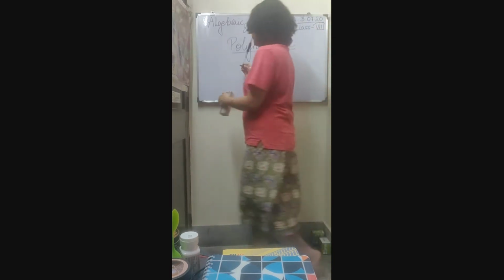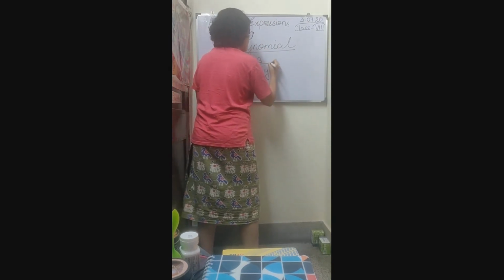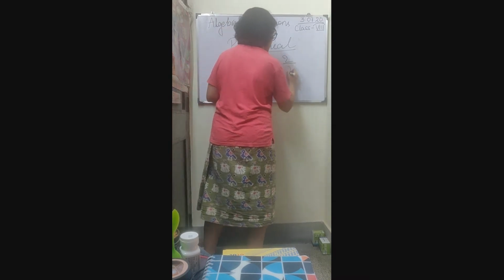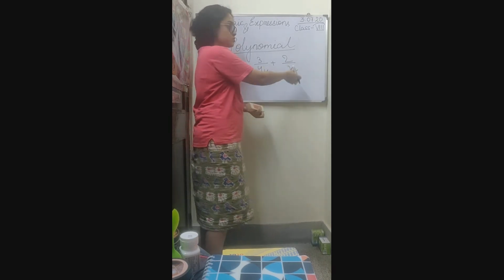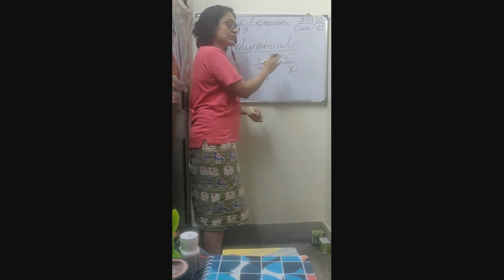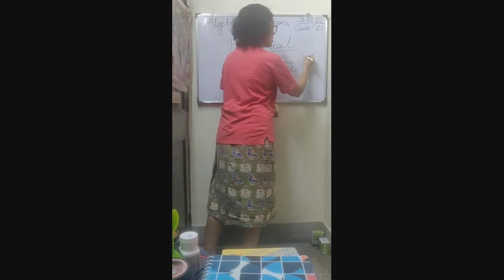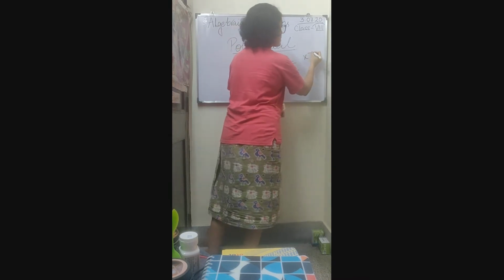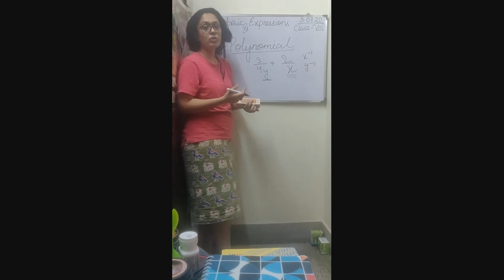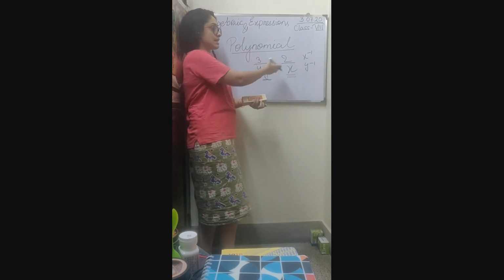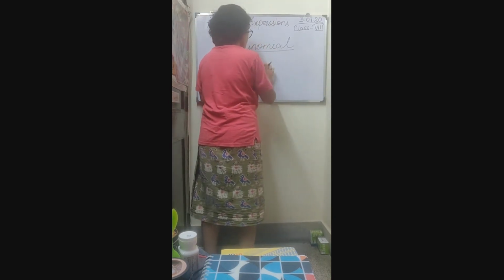For example, 3 by 4y plus 2 by x. You can say that there are two terms, but in both cases y and x have the power minus 1. As it's a negative integer, we cannot call this example a polynomial. Then what can be called a polynomial?